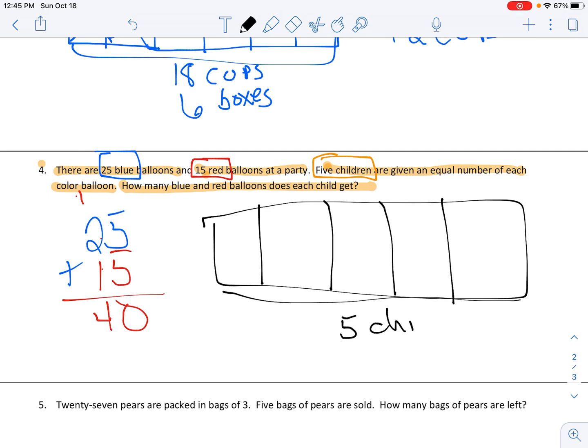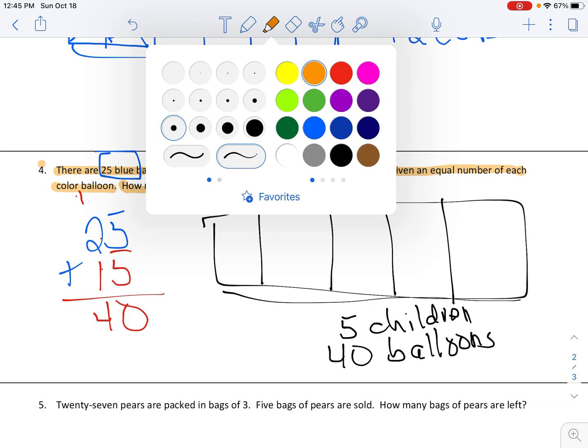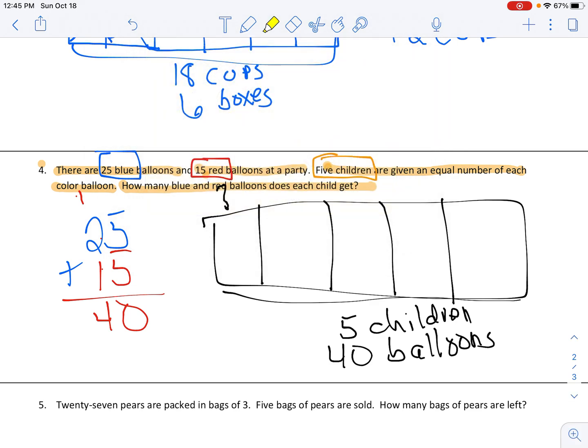Okay, so I have 5 children, and I have 40 balloons because I had red and blue that I had to add up together. My question is, how many balloons does each child get? Well, at this point, they're kind of all mixed up, so it's not asking me how much individually they each get. How much do they each get if I divide up these 40 balloons?